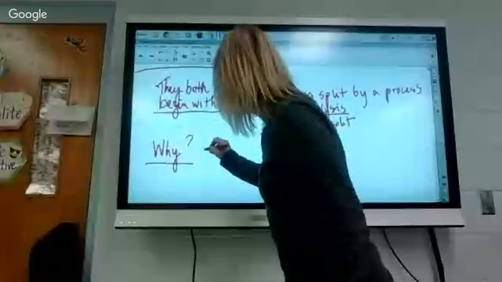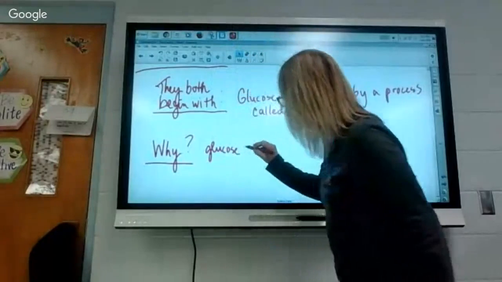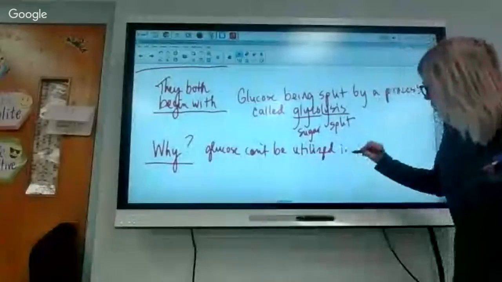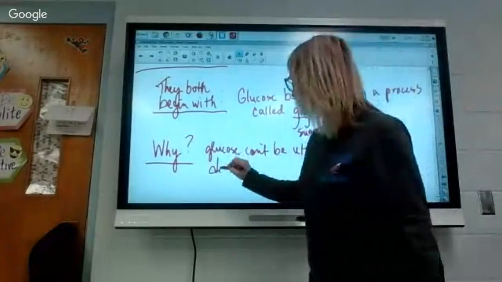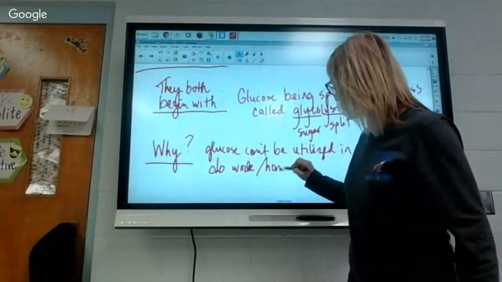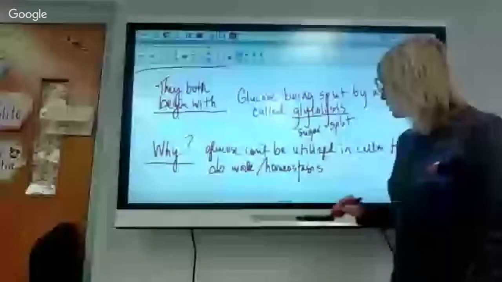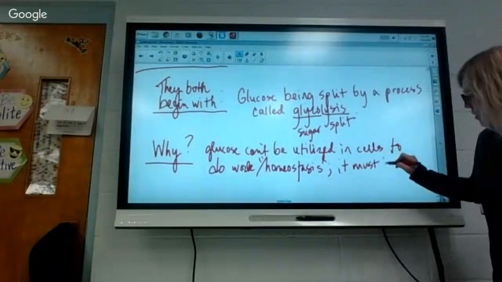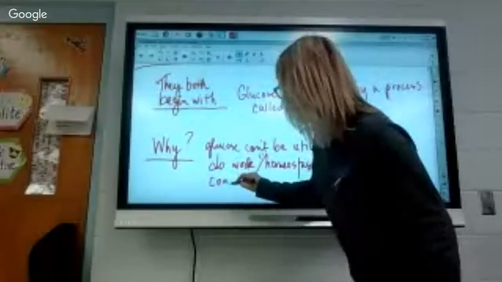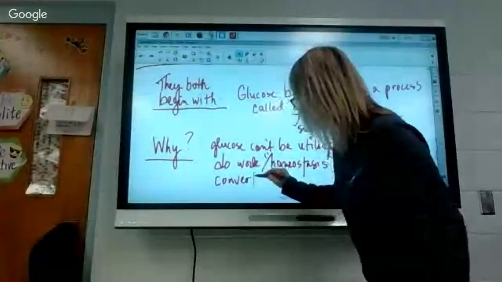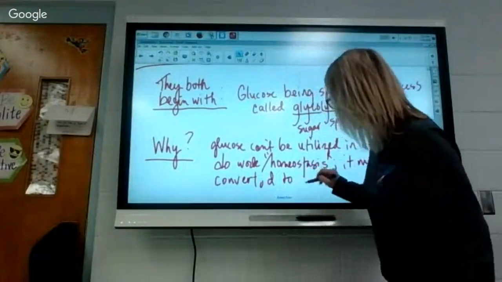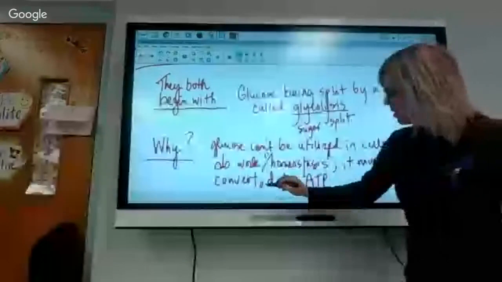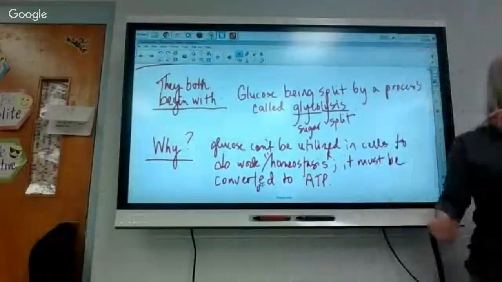The reason is that glucose can't be utilized in cells to do work, maintain homeostasis, everything we need to do. It must be converted to ATP.